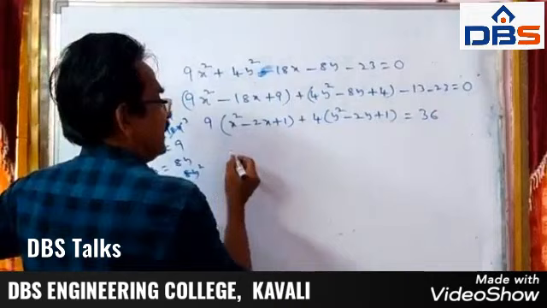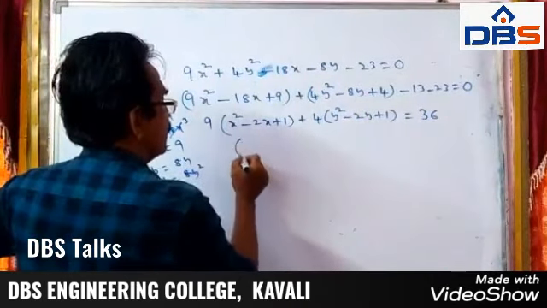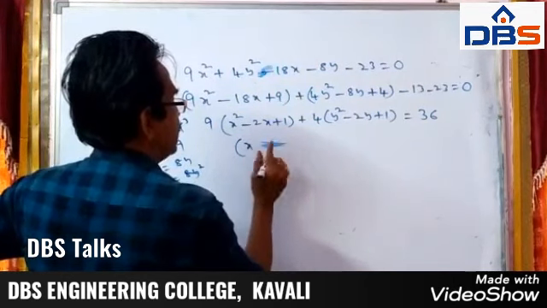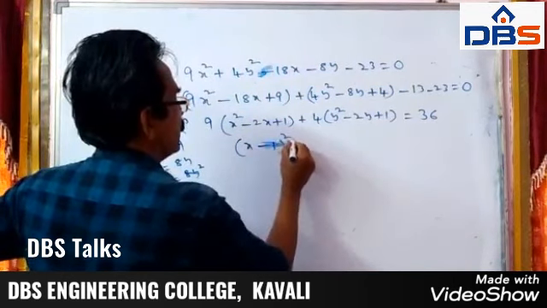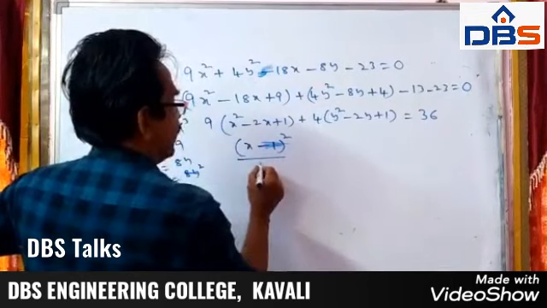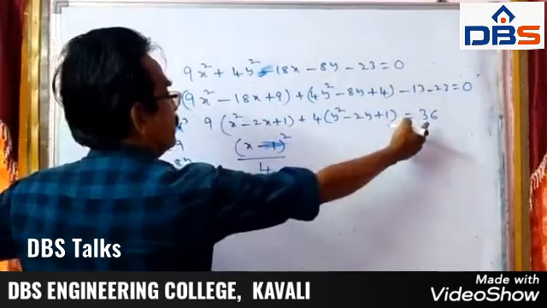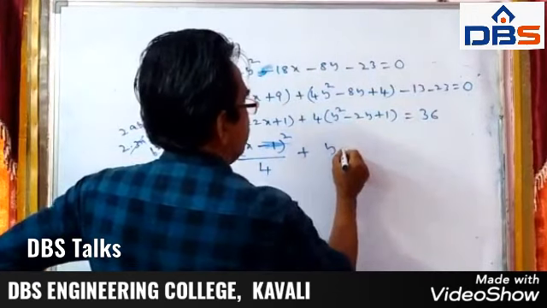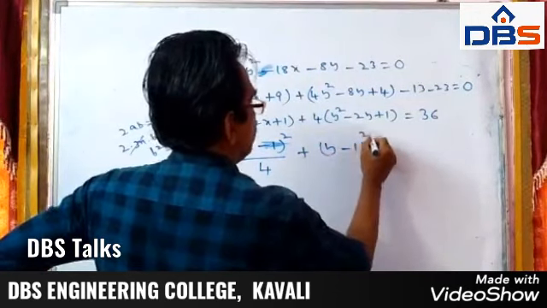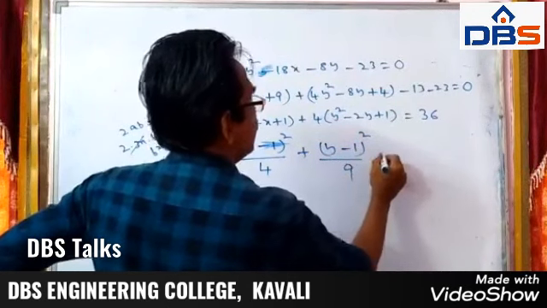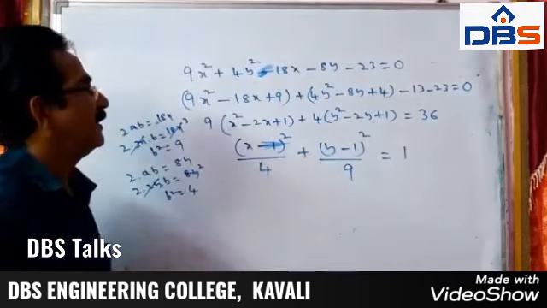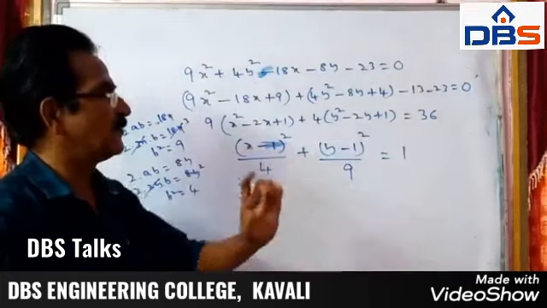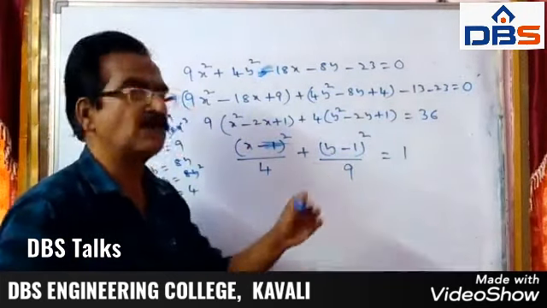Right friends, let us divide by 36. This becomes (x minus 1) whole square by 4 plus (y minus 1) whole square by 9 is equal to 1.